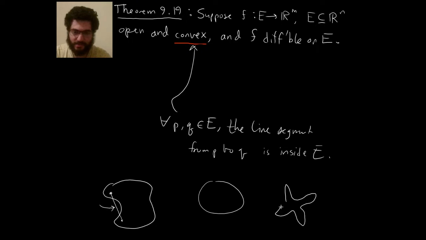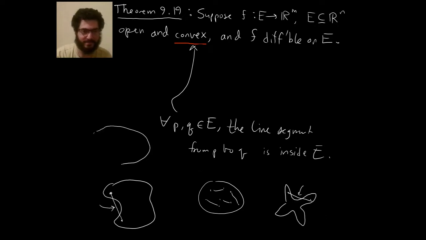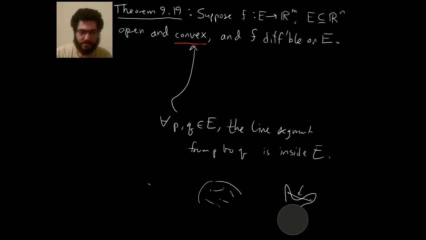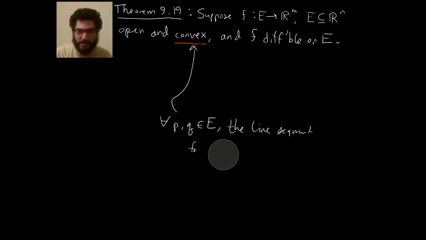If you just make a star shape like that, if you take two points like there and there, then the line segment joining them exits. But a ball is convex. If you take any two points inside a ball, you can show that the line segment between them stays inside the ball. And a lot of things are convex. So you'll see where we need that in the theorem.